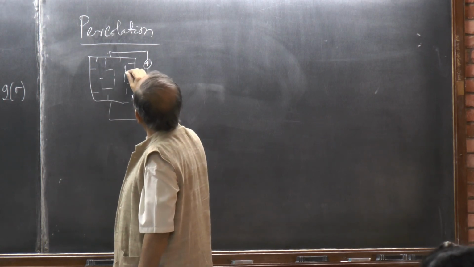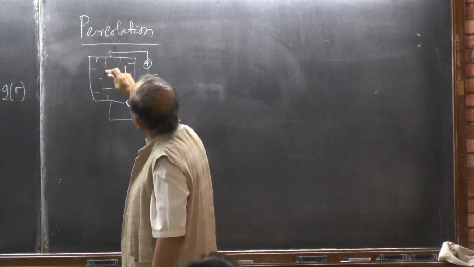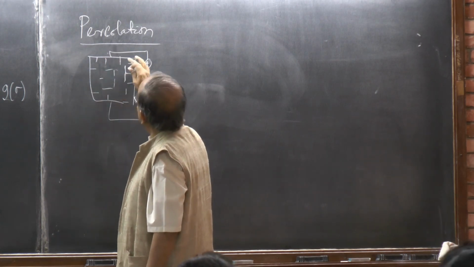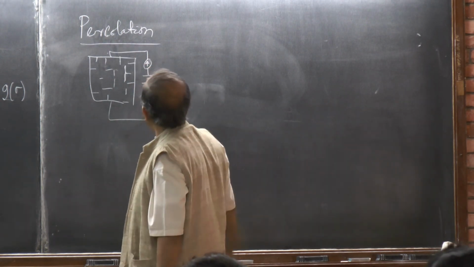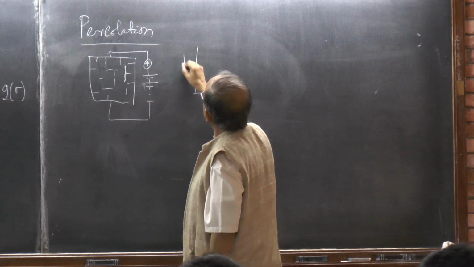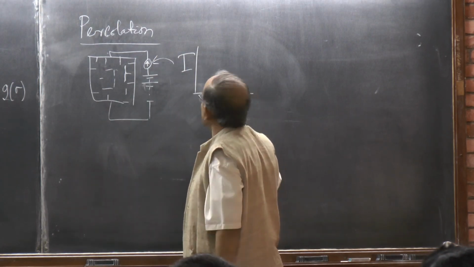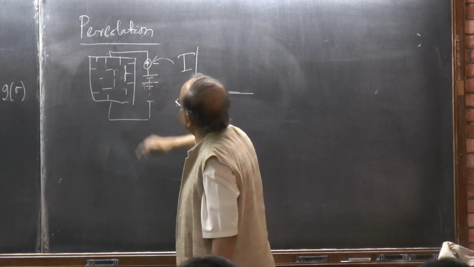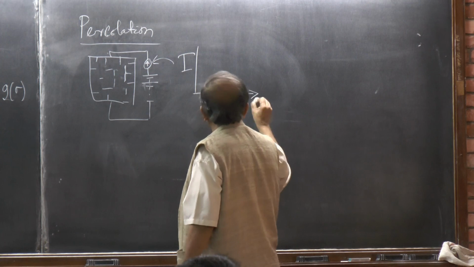Somewhere there would be bigger samples, bigger conducting paths. These are conducting bonds I am throwing. And still, there is no current. So I am plotting the current measured by this ammeter against, say, the probability of throwing these conducting bonds. Let that be called P.